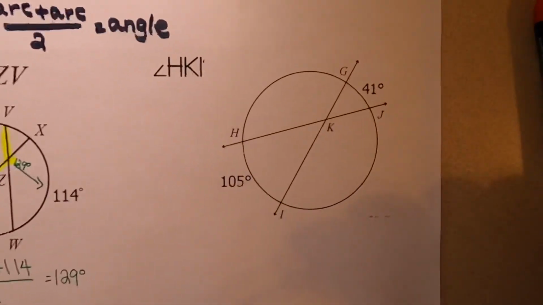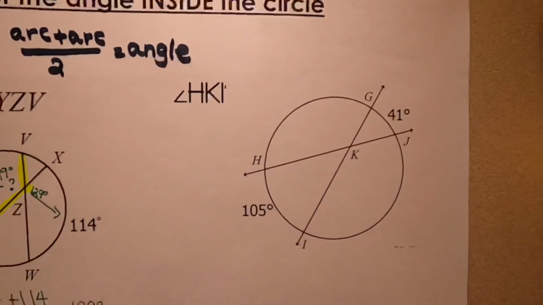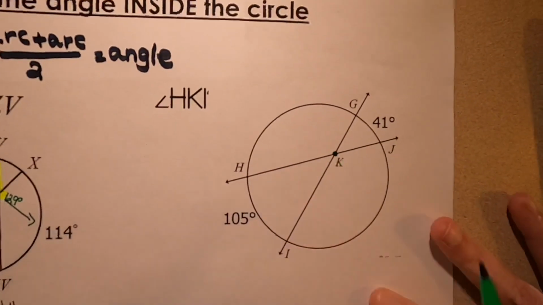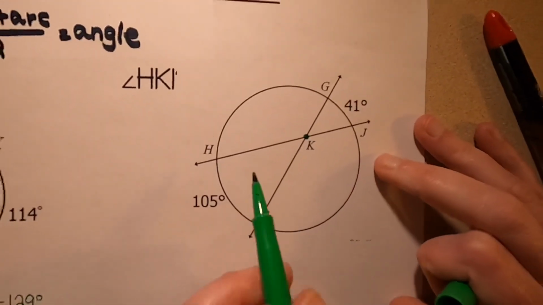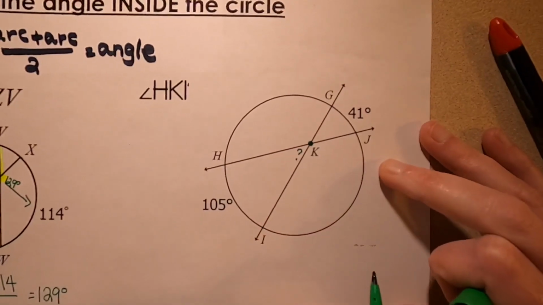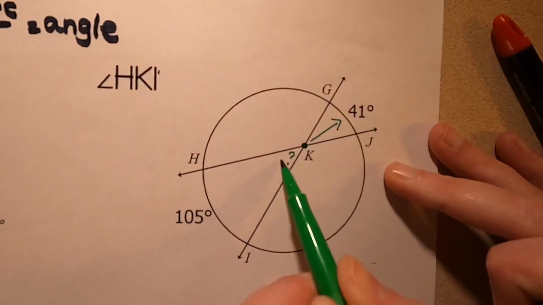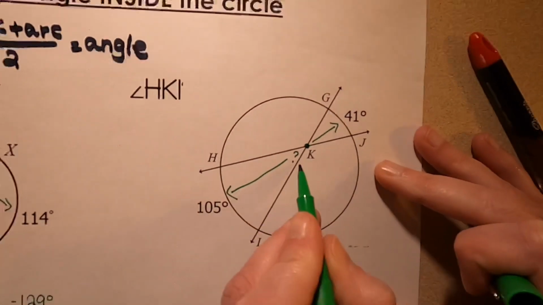Now, let's look at example number 2. If you'll notice right here, our first question, where's the vertex? Oh, well, it looks like the vertex is on the inside. It's not necessarily at the center. And we're trying to figure out HKI. So we're trying to figure out this angle right here. So you'll notice this arc plus this arc divided by 2 will give us this angle.